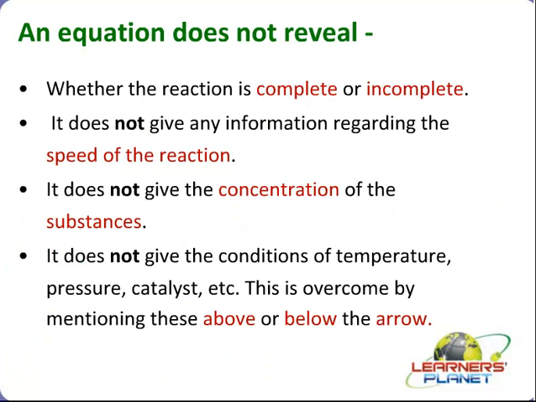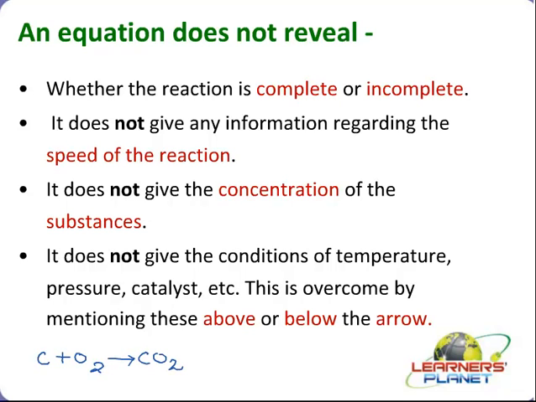An equation does not reveal whether the reaction is complete or incomplete. What does it mean? Students, if I am writing a chemical equation here, that is C plus O2 gives CO2.